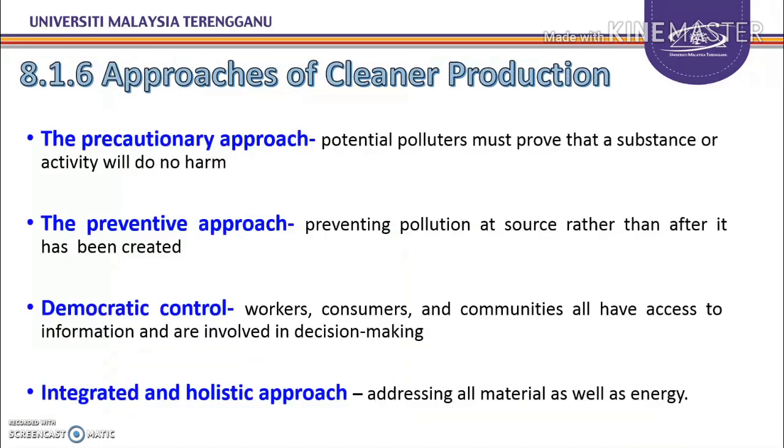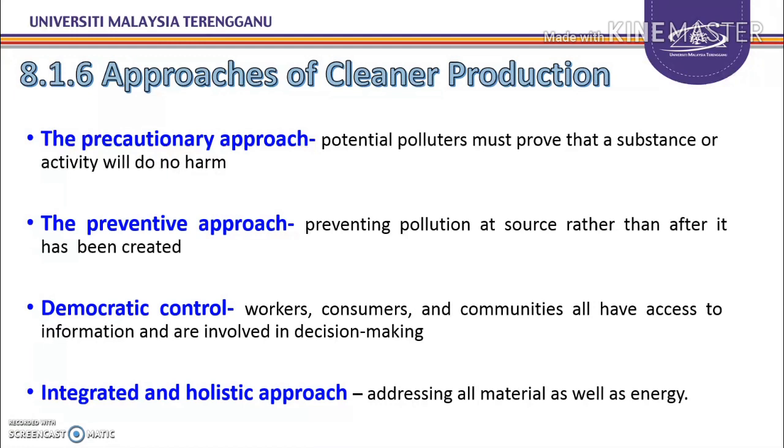Okay. What are the approaches of cleaner production? There are 4 approaches that can be used. The first one is the precautionary approach, where the potential polluters must prove that a substance or activity will not harm. The second one is the preventive approach, preventing pollution at source rather than after it has been created.